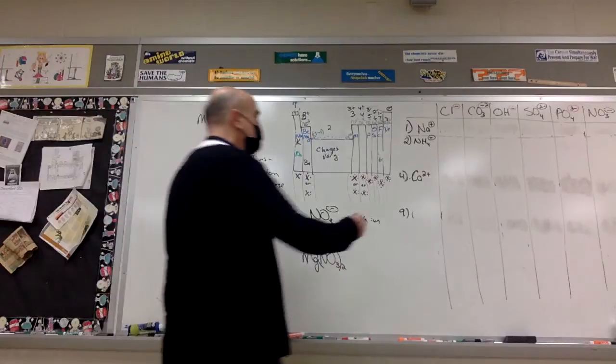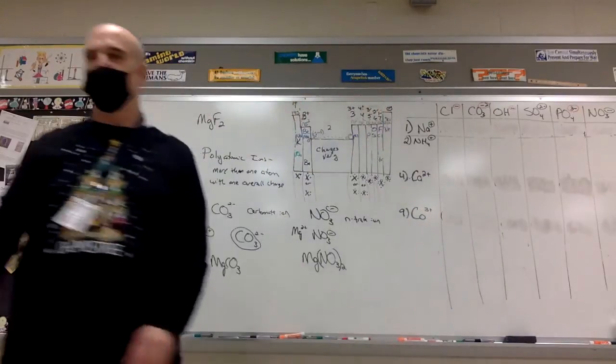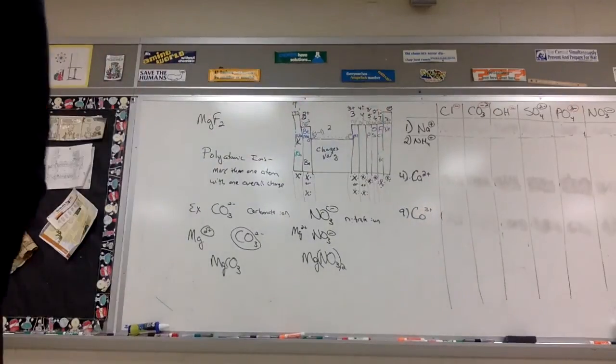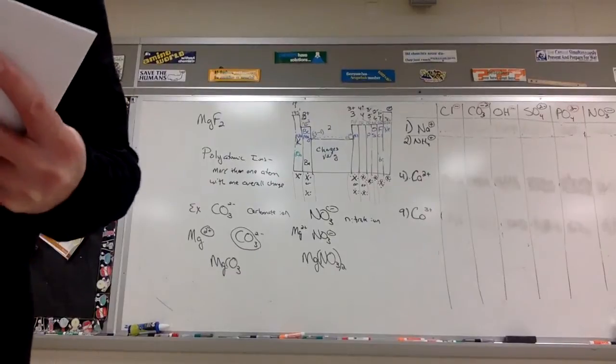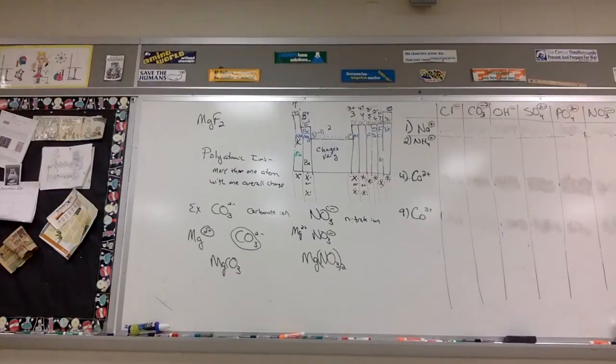All right, so I just want you to practice a little bit with these. We're just going to look at the left-hand side of this. We're not going to do the whole thing. I'm just introducing it to it.